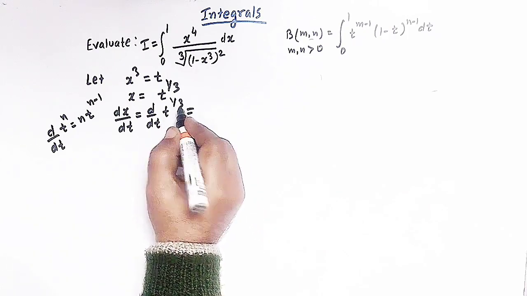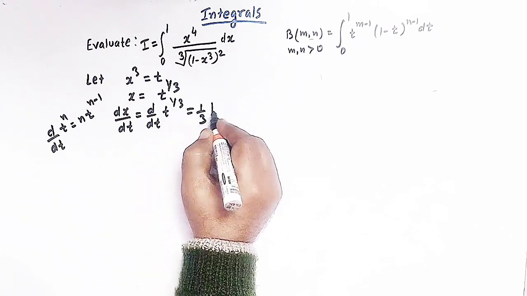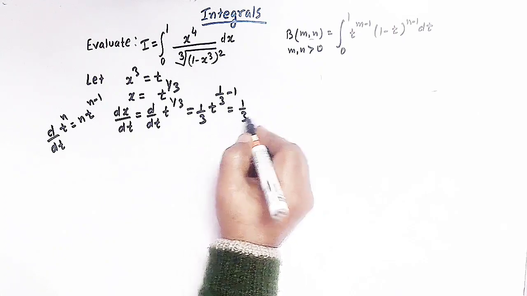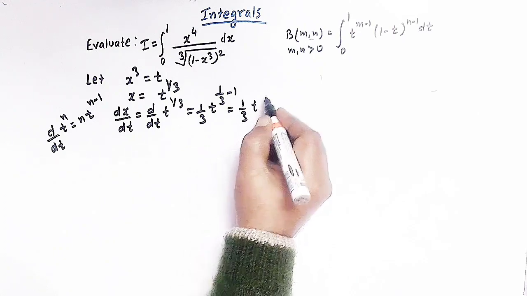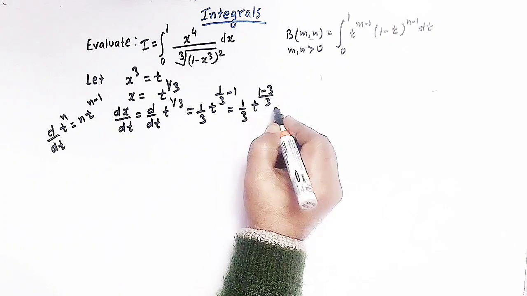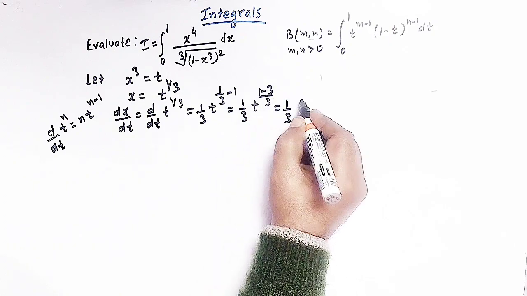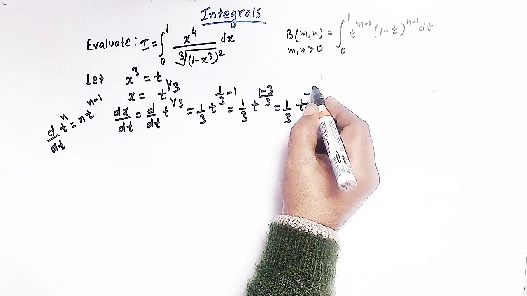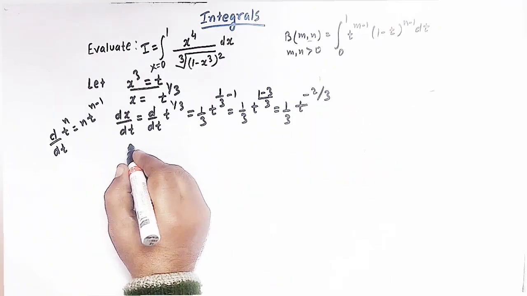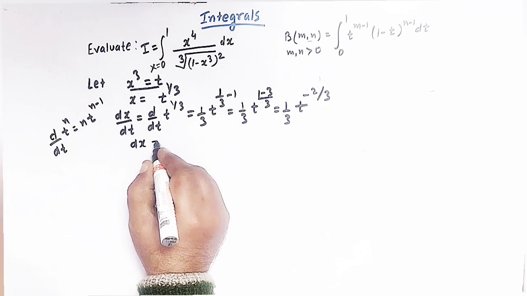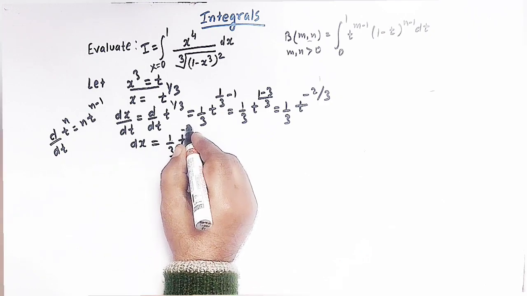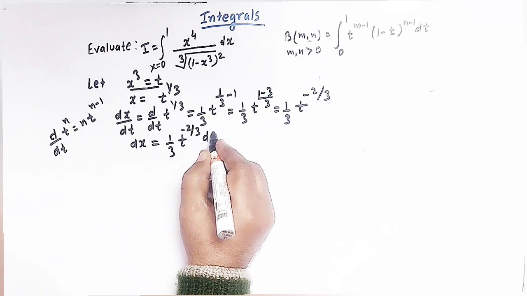So here n is 1 over 3, so we have 1 over 3 t raised to 1 over 3 minus 1, and here we have 1 minus 3 over 3, that is 1 over 3 t raised to minus 2 over 3. So now we can write dx is equal to 1 over 3 t raised to minus 2 over 3 dt.